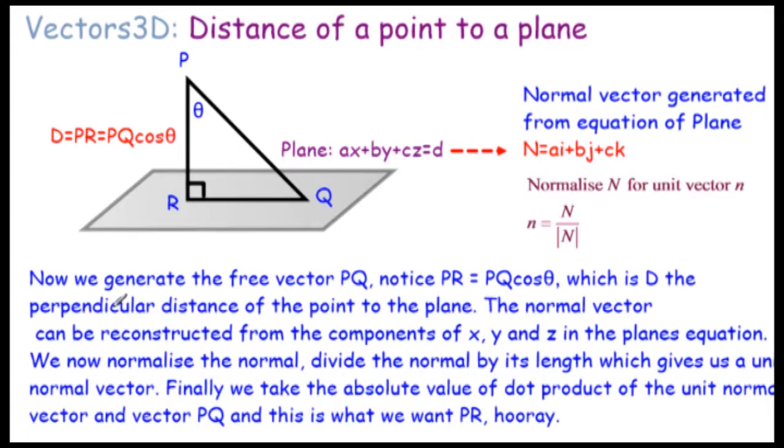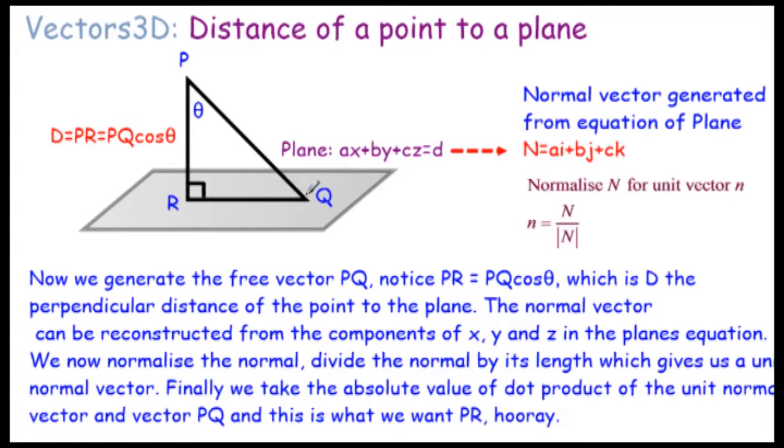Now, we've got to generate this free vector as well, from the point Q. So we needed that point Q. We generate this vector PQ, and you can see that it's a bit like a projection of that vector onto the direction of the normal.